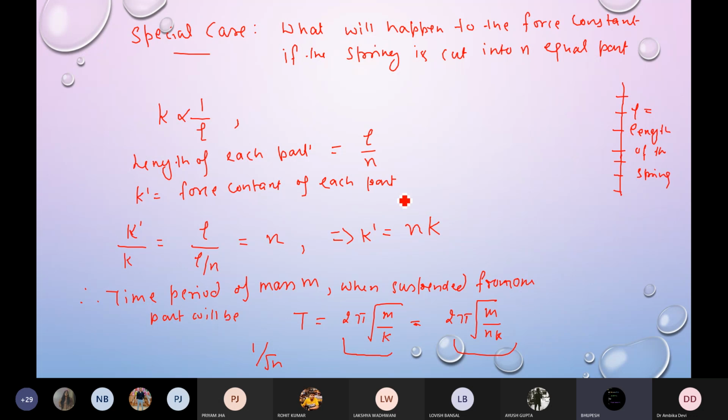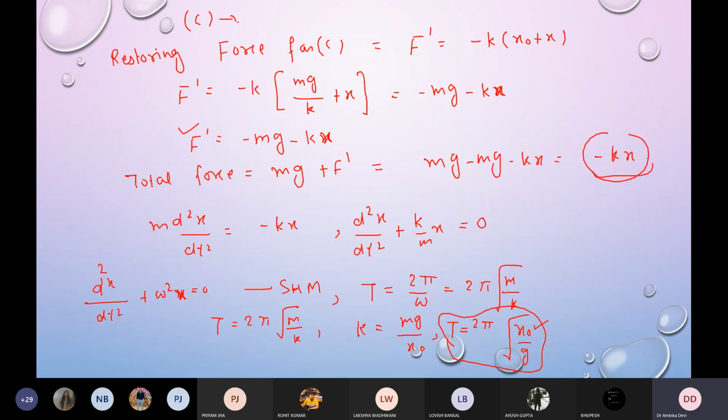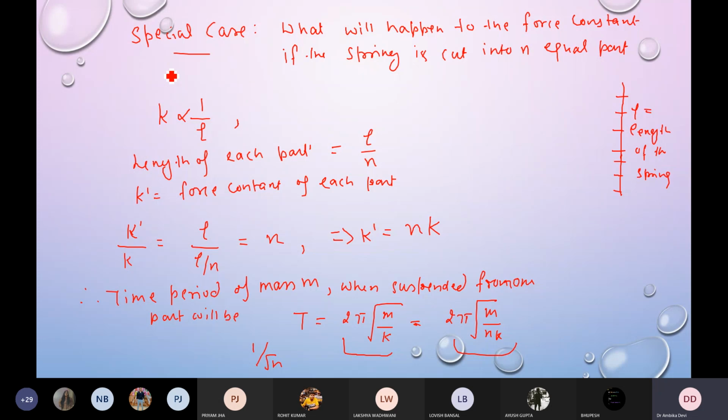Can you explain the time period again? Okay, so what we did here is take a special case for this problem: when we divide the spring into n equal parts, what happens to the time period? We see how it is going to impact the force constant. Because force constant is inversely proportional to length, if we cut the length L into n equal parts, the length of each part will be L upon n.